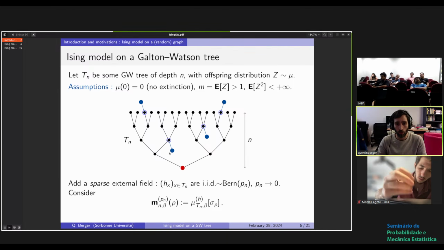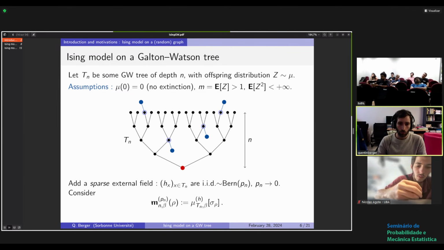So either you put a plus, or you don't. On the drawing, I've circled only the ones which are attached to a plus. The sparse condition means that you want p_n to go to 0. Basically, if p_n does not go to 0, it means that you have a plus at finite distance from the root, and so we'll magnetize the root.